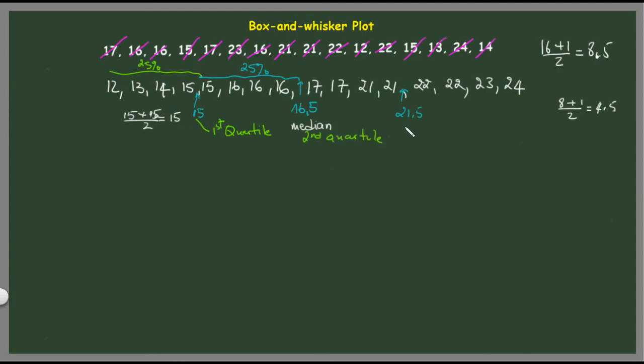And this median of median, or middle of median, is the third quartile. This is the third quartile. Okay, and it is from here, this 16.5, until 21.5. And this also represents 25%.